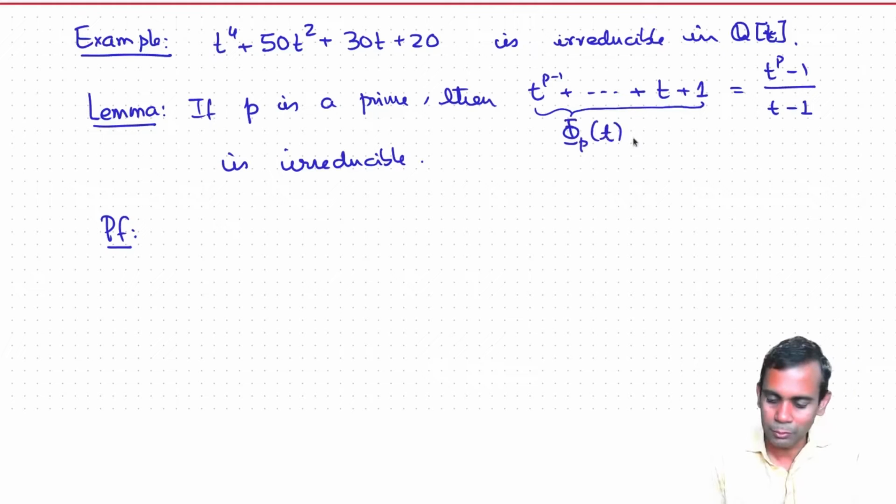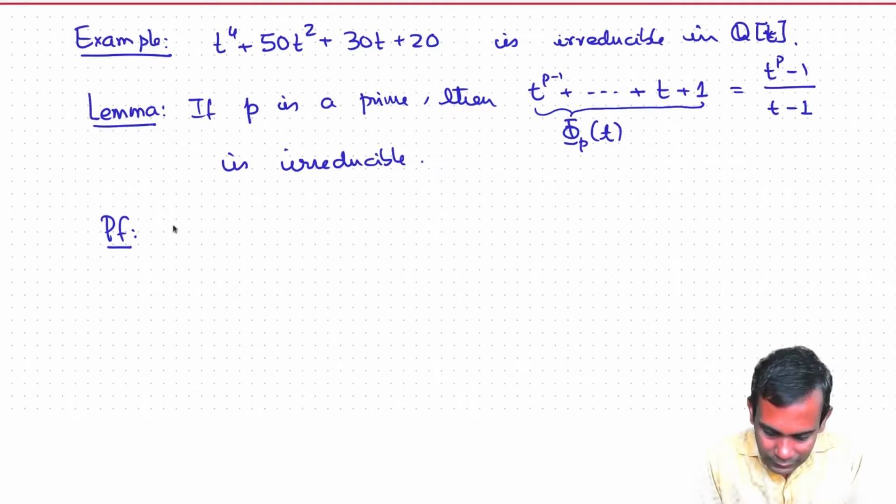I'll explain that to you in a moment. So this is certainly a polynomial that is satisfied by a primitive pth root of unity, and it's irreducible, so it's the pth cyclotomic polynomial. So apply Eisenstein's criterion after shifting the variable to t plus 1.